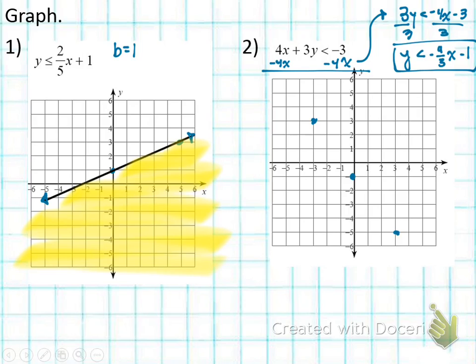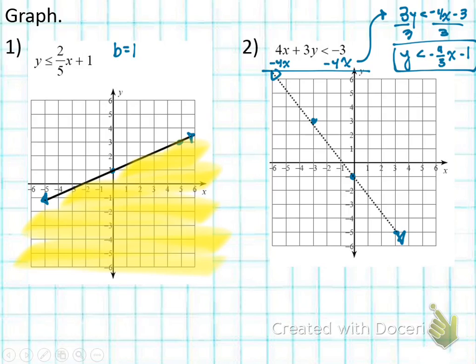Now this one is not equal to, so we're going to draw a dashed line. It says less than, so it's not equal to, and I have to draw a dashed line. It's going to look something like this. Draw some arrows at the end.